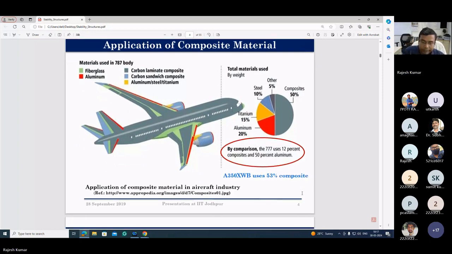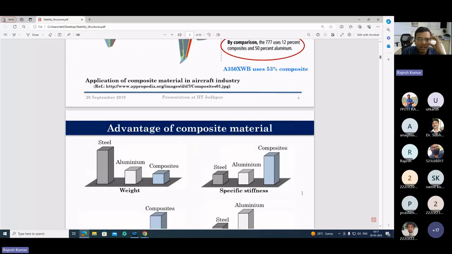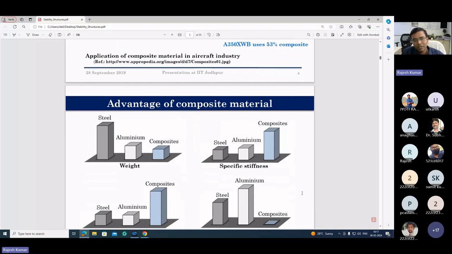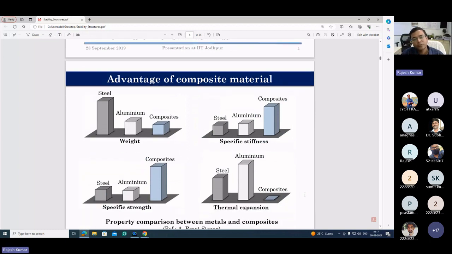Okay. So that's why I've given here the advantage of composite materials. You see, the weight of steel is much higher than composite. The specific stiffness is much higher for composite. The specific strength is also much higher for composites compared to steel and aluminum. And thermal expansion, obviously, is much less for composite.